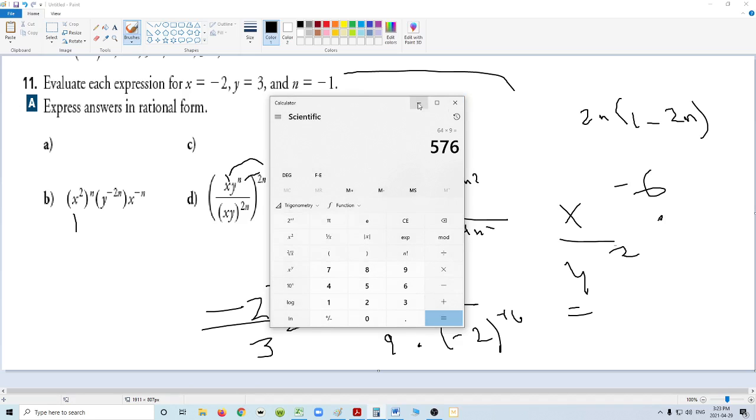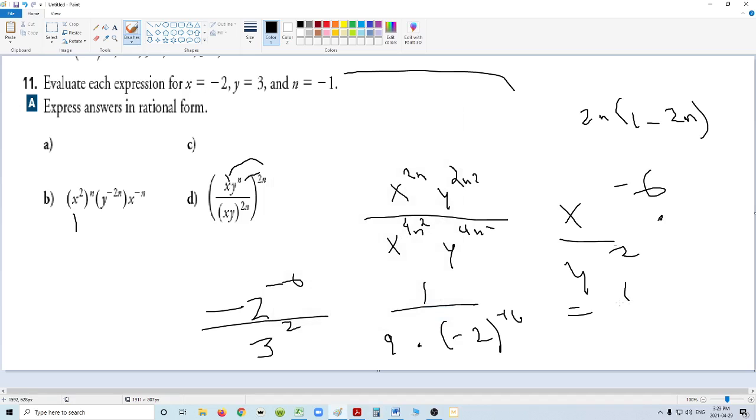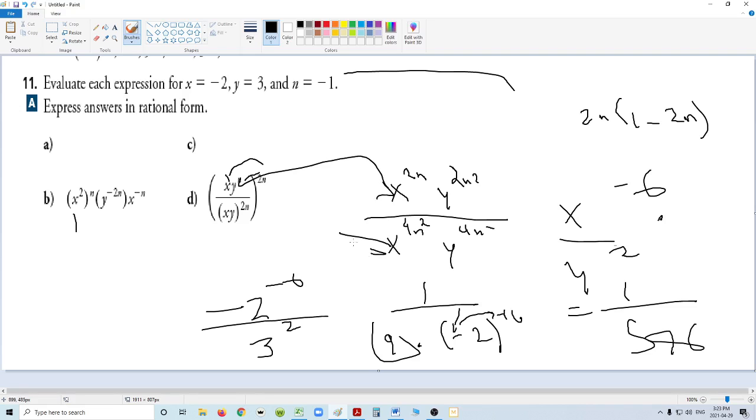And I'm not entirely sure, 576, but I believe it comes to 1 over 576, which would be 9 times the 64 that this becomes. And this becomes positive because that has a positive exponent. Very complicated. It's much easier to solve it this way, although technically in these cases it might be easier just to do the exponents.